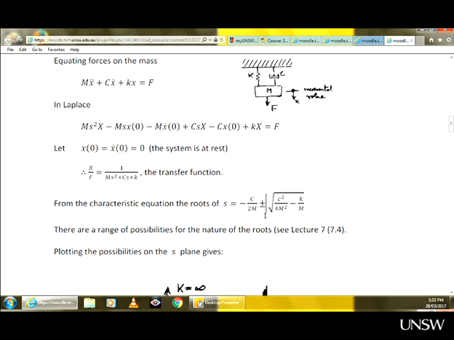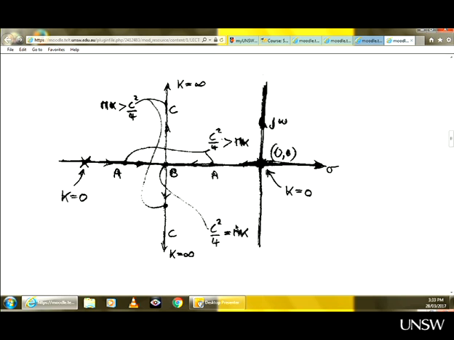They are still real, they are still negative, but they are identical. So that's region B. That region B is only one point. That's where both roots are. They are on the negative side of the real axis of the S-plane, but they are at the very same point. So we call it region B, but it is really only a point.